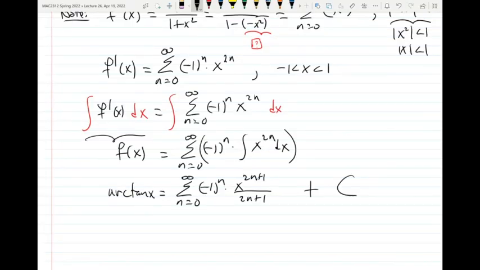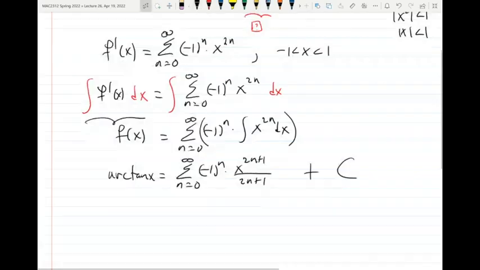And to find the c, what you need to do in situations like this is evaluate the function at the center of the series. When you plug in the center, everything except the first term will be 0. Whatever has an x is going to be 0. Let me rewrite this.